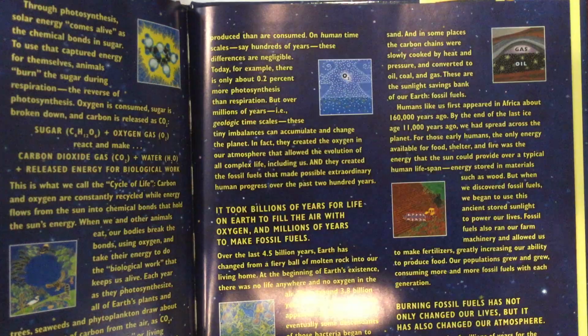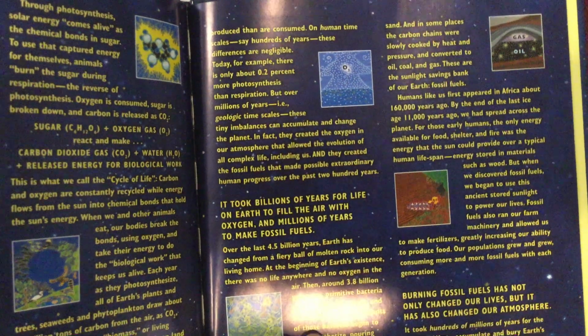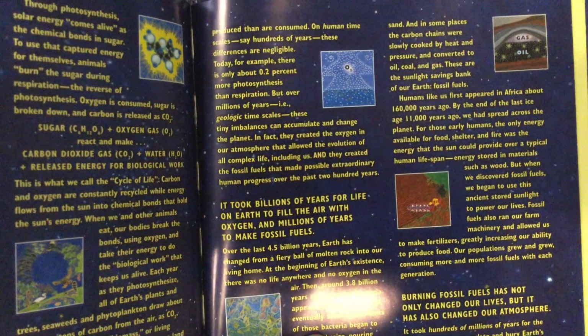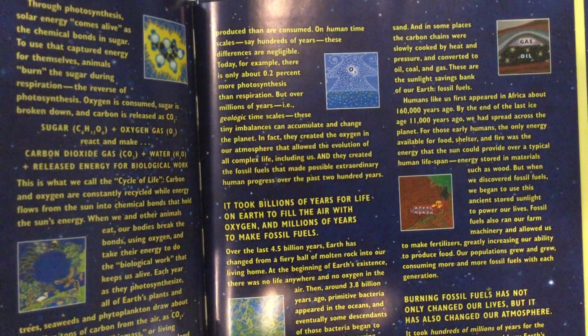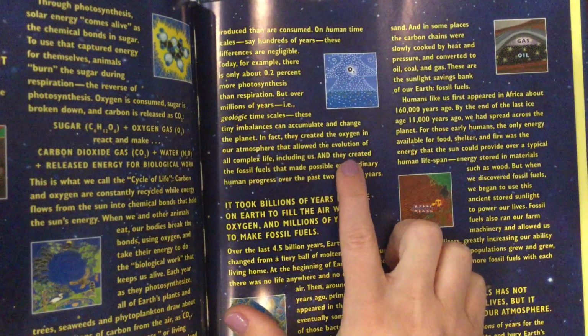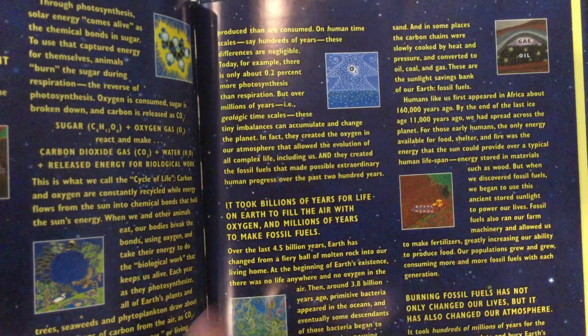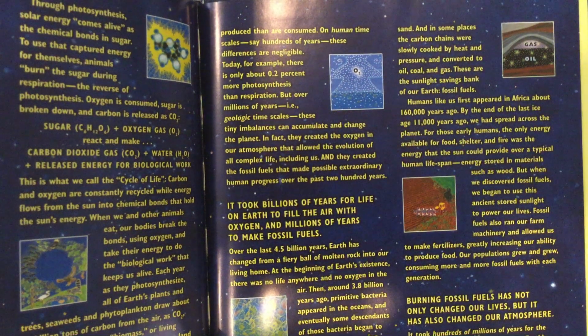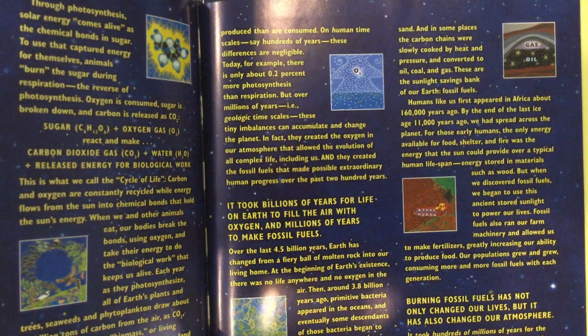But over millions of years, in other words, geologic timescales, these tiny imbalances can accumulate and change the planet. In fact, they created the oxygen in our atmosphere that allowed the evolution of all complex life, including us. And they created the fossil fuels that make possible extraordinary human progress over the past 200 years.